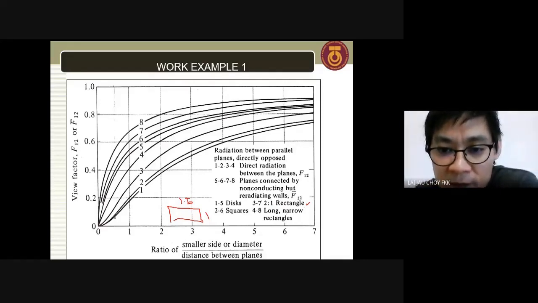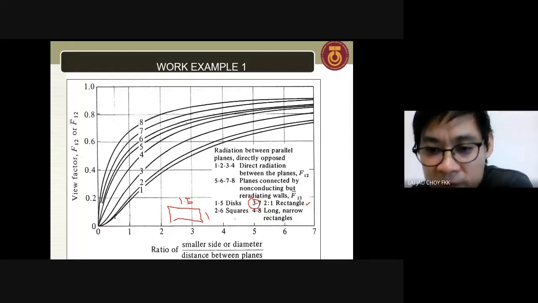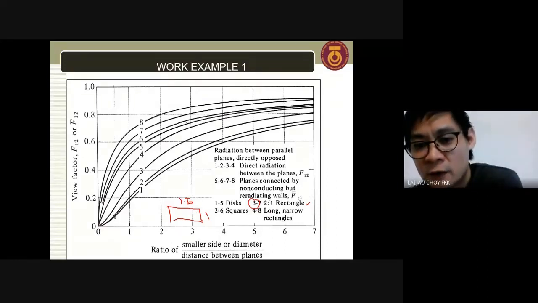So I think curve number 3 is a better solution as compared to curve 2, because curve 2 is for square, and since this is not a square, I would choose curve number 3.